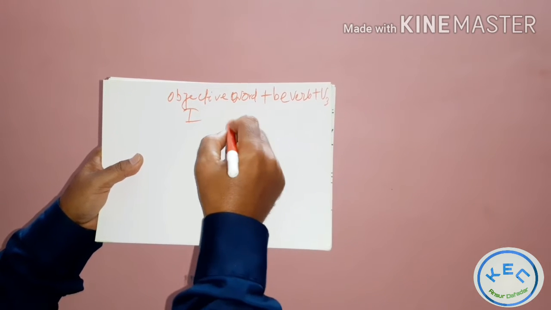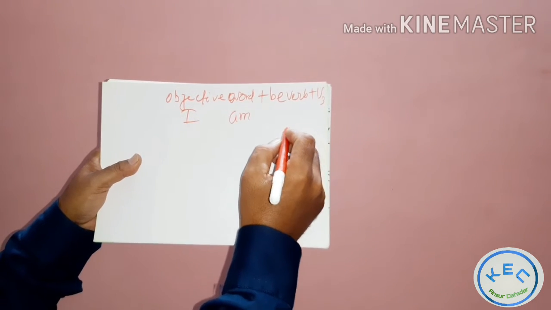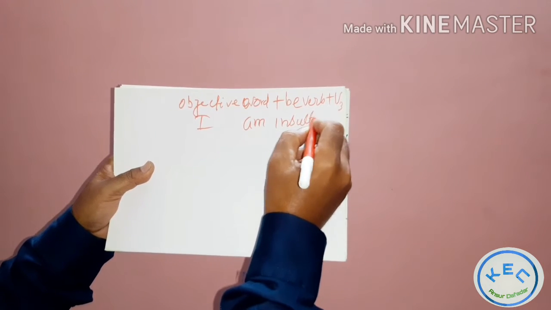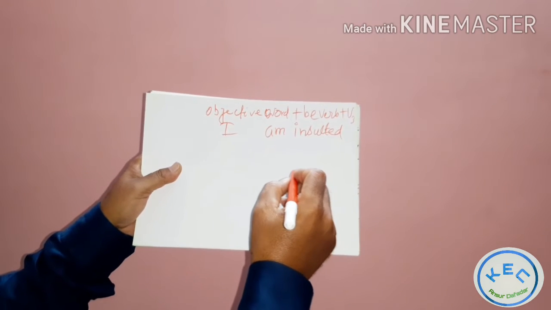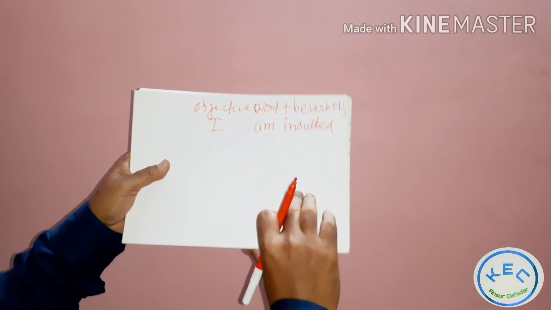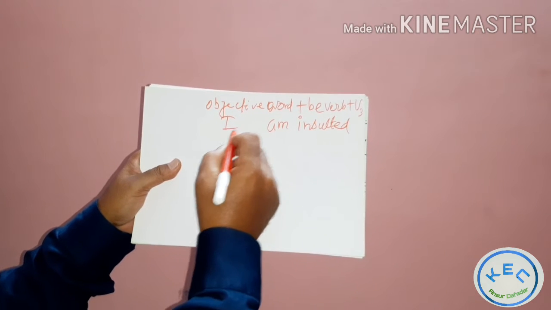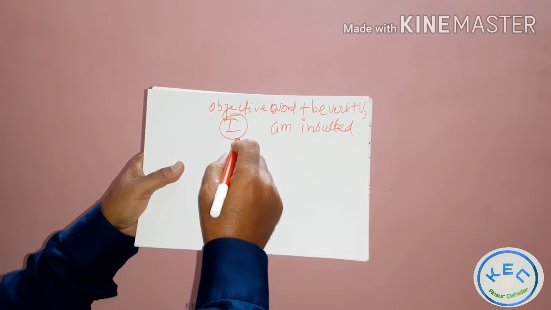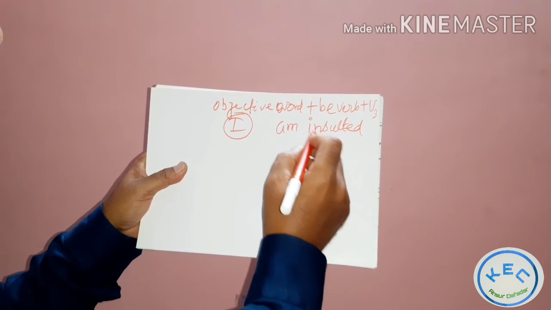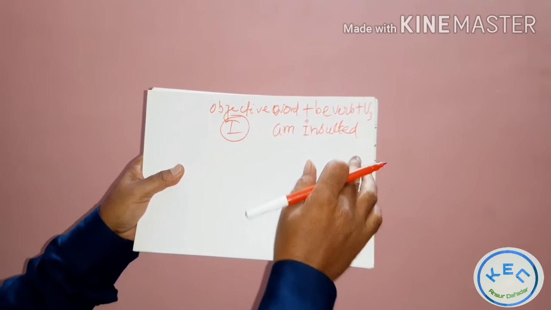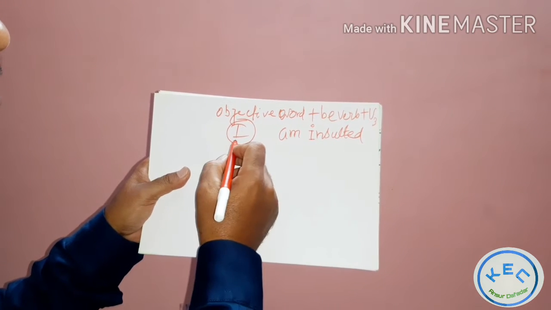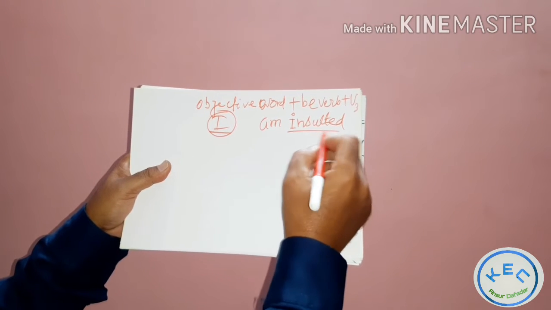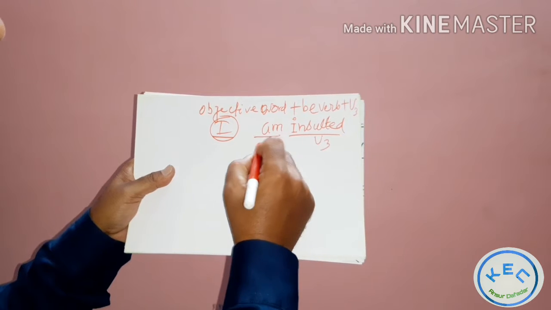I am insulted. This one was the object in the active voice and it becomes the subject here, and insulted is the V3 and here is the be verb.